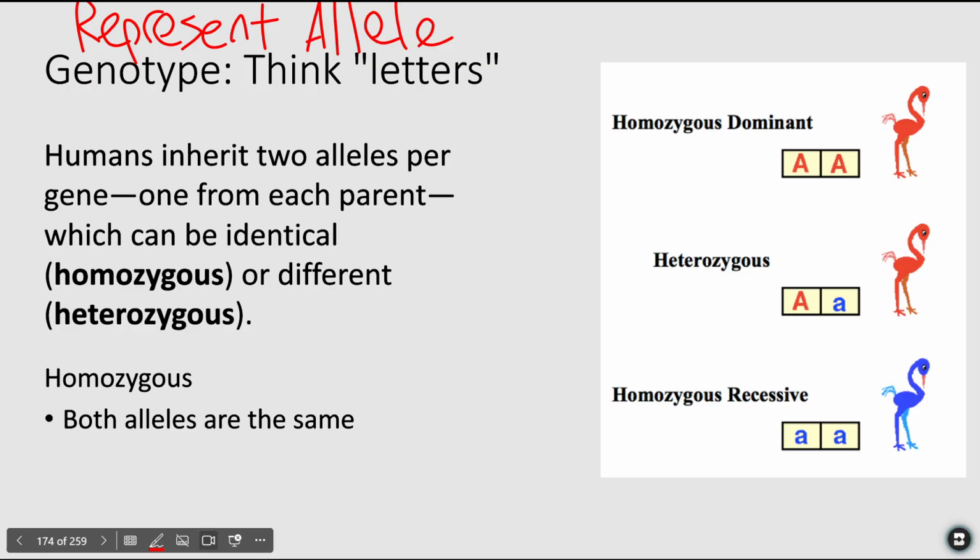Now, those letters can be identical to each other, in which case we call them homozygous. For example, two capital letter B's or two lowercase b's. They are the same type, same version.